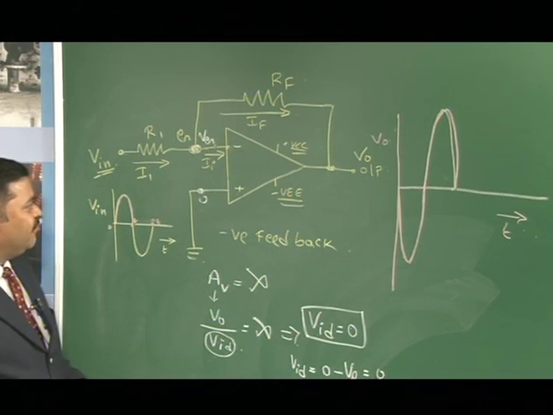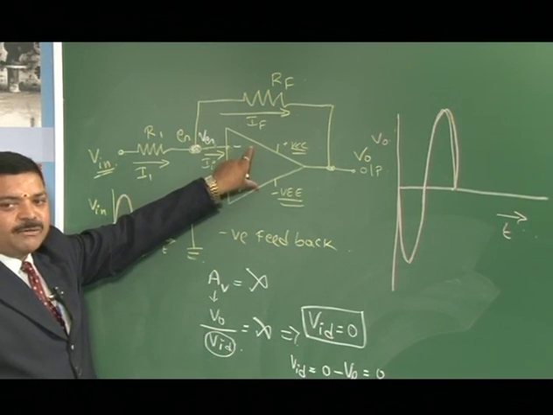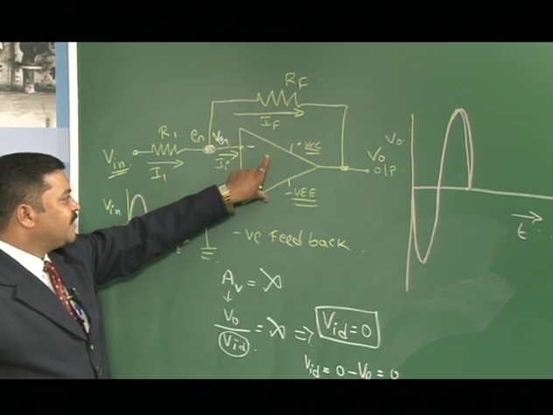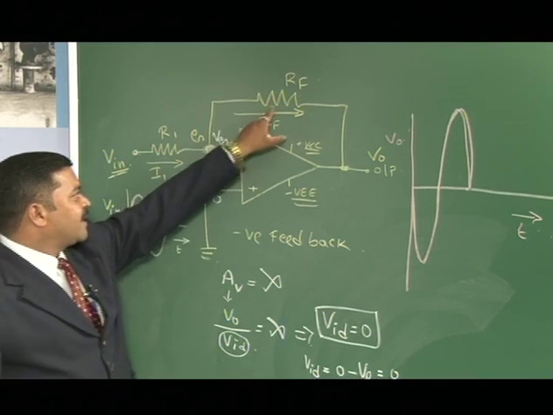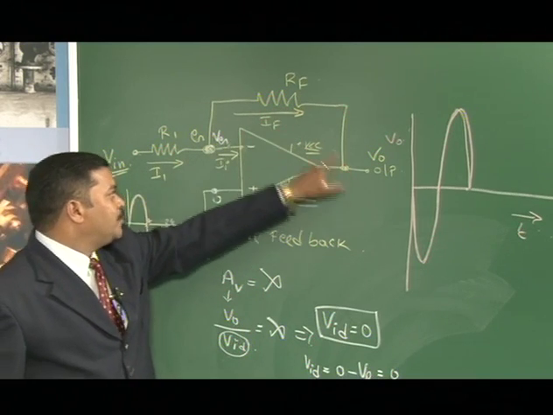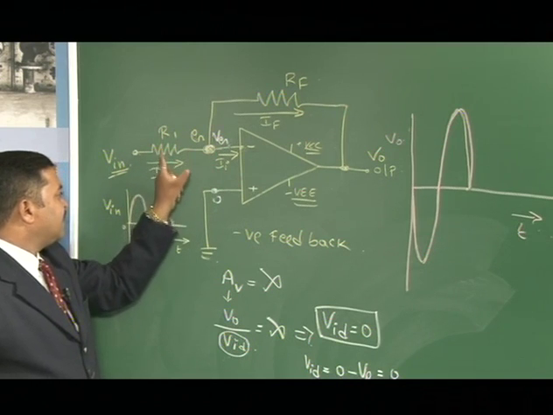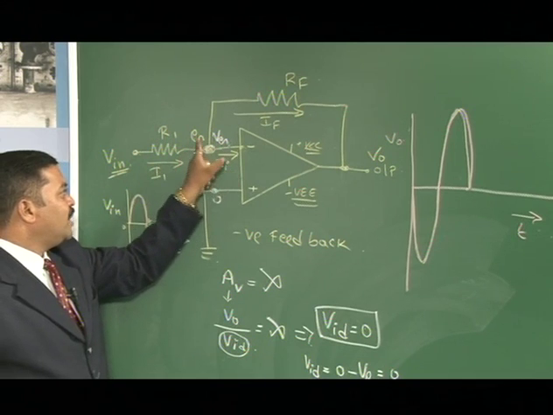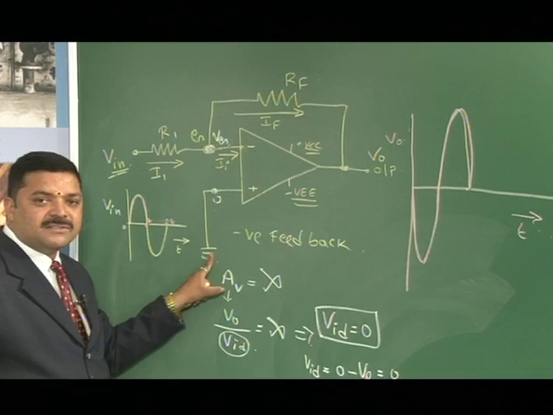Now, the inverting amplifier consists of an operational amplifier. You can give one more point about the inverting amplifier. It has a feedback resistor RF between the output and the node G, and it has one external resistance R1 which is connected between V in and the node G. The positive terminal of the op-amp is grounded.